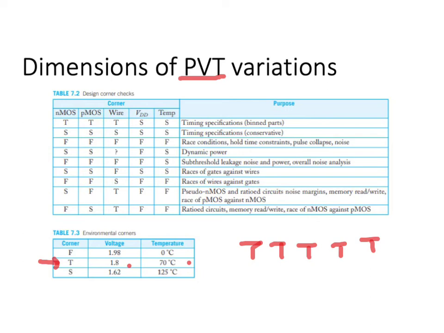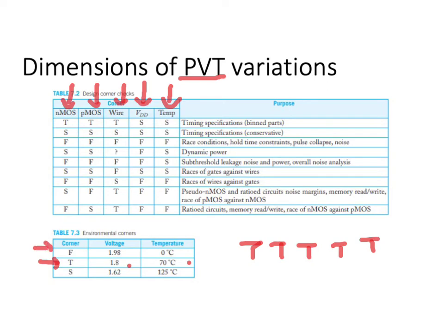Okay, so there are 5 letters indicating the process variation that affects the NMOS transistors, variations affecting the PMOS transistors, process variations affecting the wires, operating variations affecting the supply voltage, and operating variations affecting the temperature. So there are 3 possible corners at which you can simulate each of these parameters.